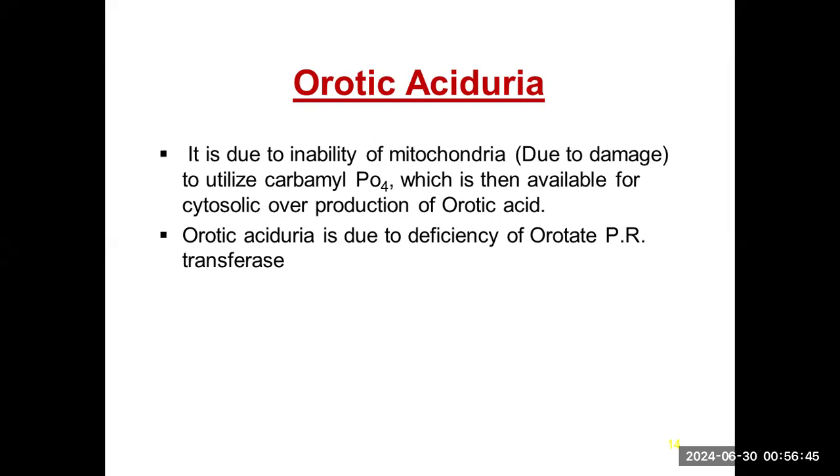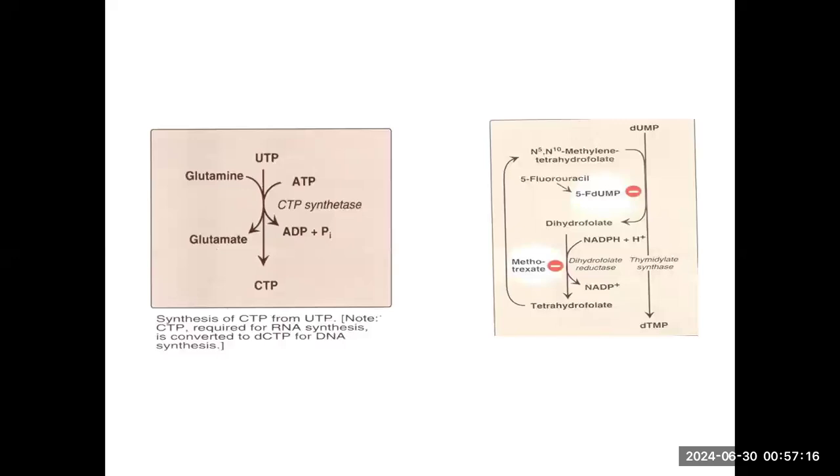Then the excess amount of orotic acid is excreted in urine, resulting in orotic aciduria. It is also due to deficiency of orotate phosphoribosyl transferase. If PRPP cannot combine with orotic acid, then the excess of orotic acid is excreted in urine, known as orotic aciduria.